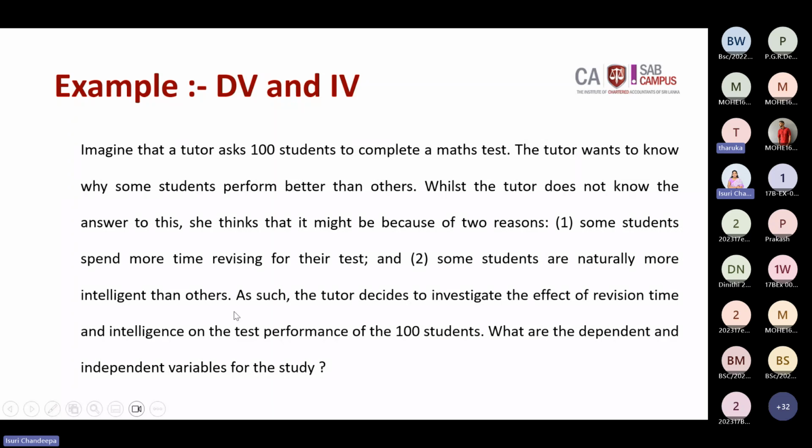If it is so, what are the independent variables and what are the dependent variables for this study? Okay, try to identify the dependent variable and the independent variable, and type your answer in the chat box.